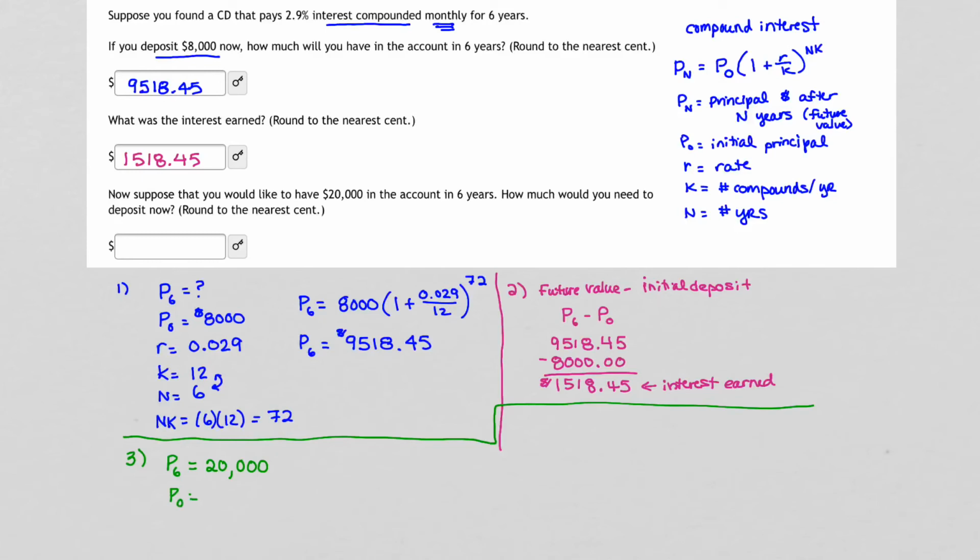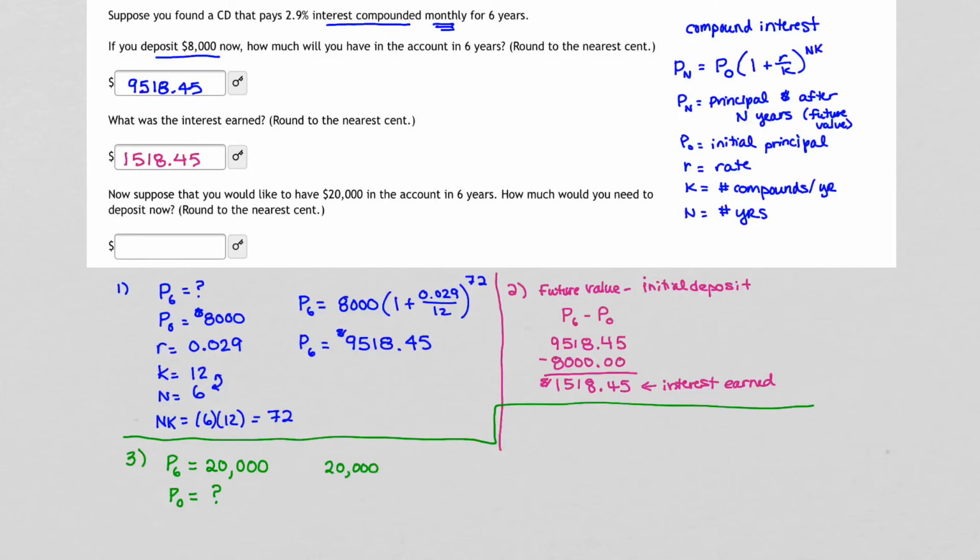So this time our initial principal is what we don't know. We keep the same interest rate, and 12 is the same number of compounds per year. n is the number of years, so all of that stays the same, but our formula now becomes as follows.